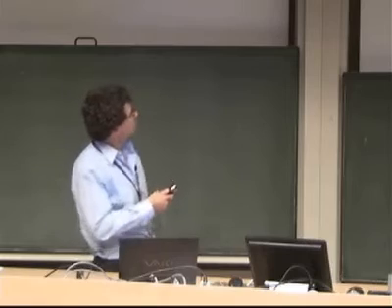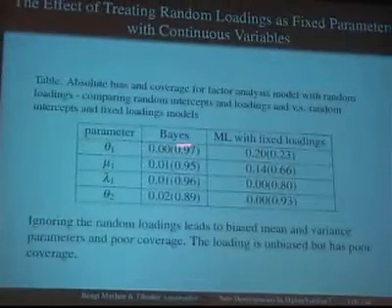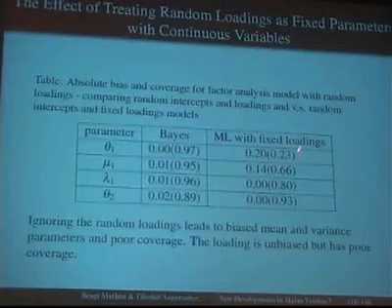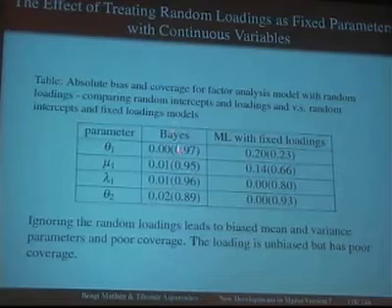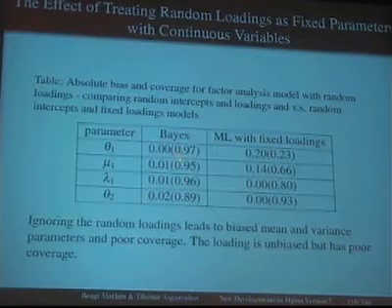So you can see what happens with the maximum likelihood estimation. It gets biased results for the within level residual, and poor coverage. Of course, the Bayesian estimation, which analyzes according to the true model, has almost no bias and pretty much perfect coverage.